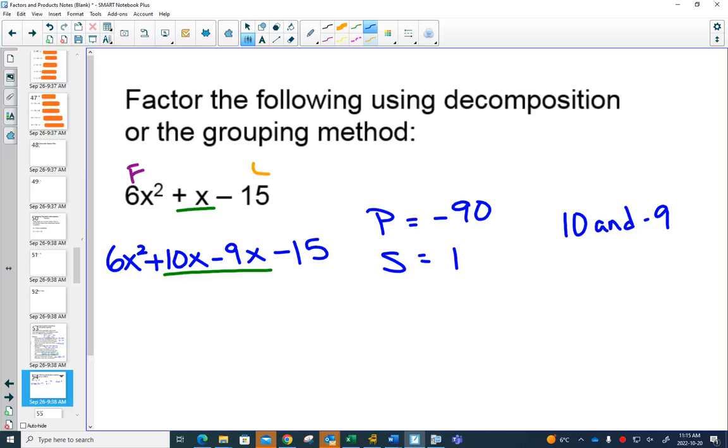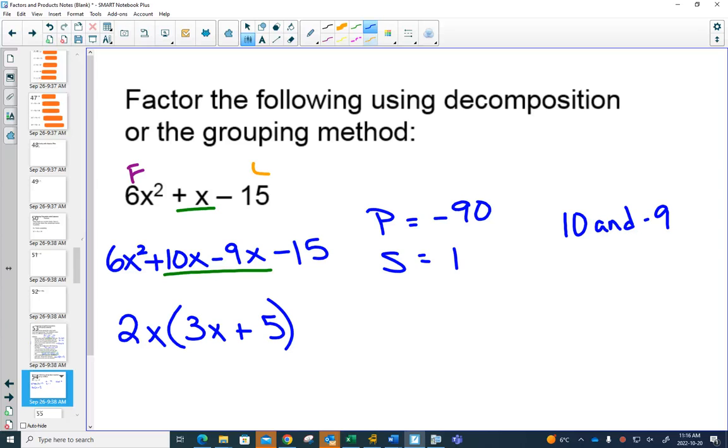Is there anything in common in the first pair? There's going to be a 2 and an x, leaving me with 3x plus 5. Is there anything in common in the second ones? There's a 3. And in the second ones, you have options with your 3, because you could say either positive 3 or negative 3.